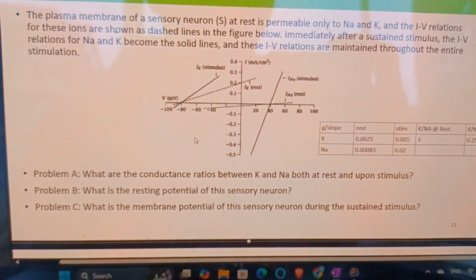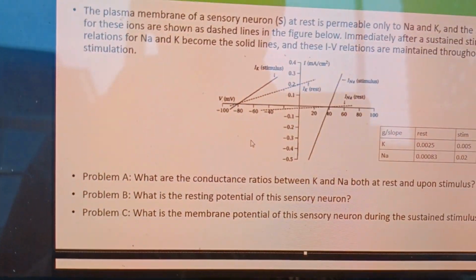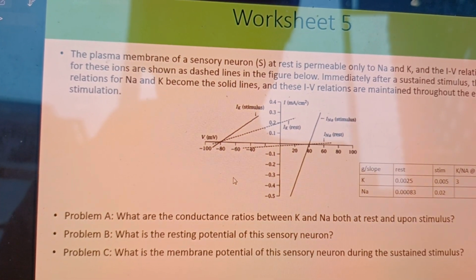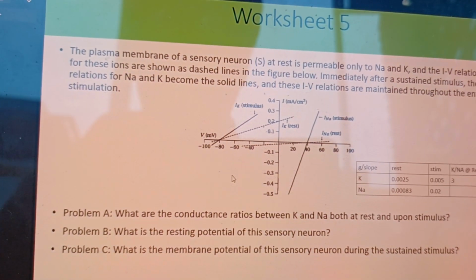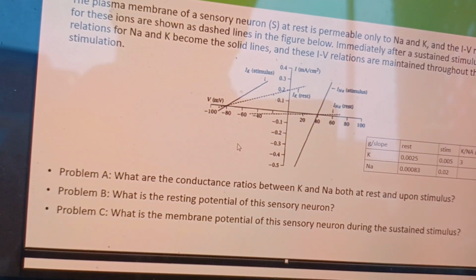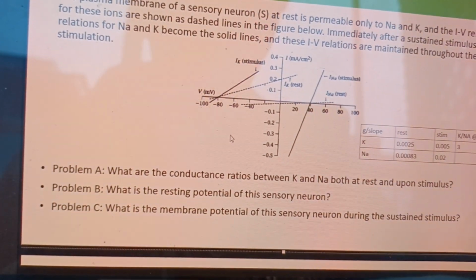In this question we're given a VI curve again, and the problem is asking what is the conductance ratio between potassium and sodium, both at rest and upon stimulus. We can get the conductance, which is the slope of this curve, pretty easily.